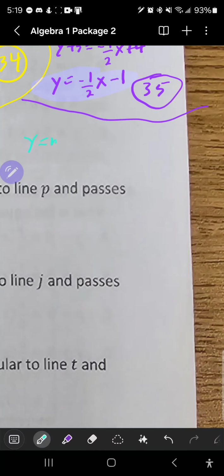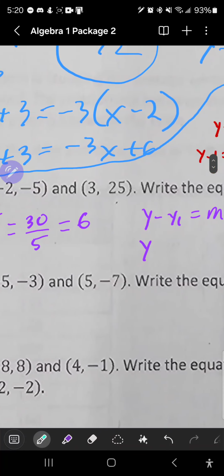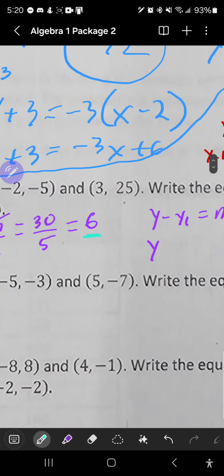The equation is y equals mx plus b, and m is our slope, and b is our y-intercept. They don't have the same b, but they do have the same m, which is our slope. And so if we got our slope here, that's what we're going to be using.